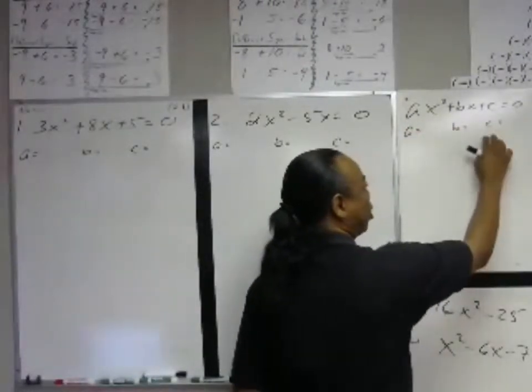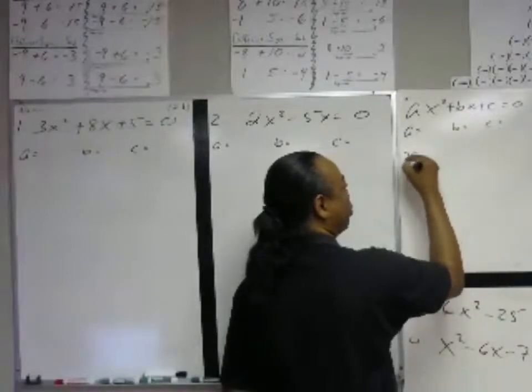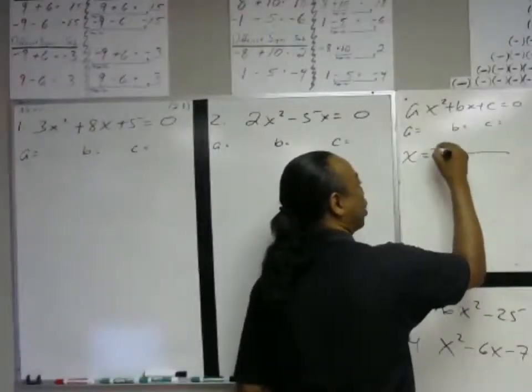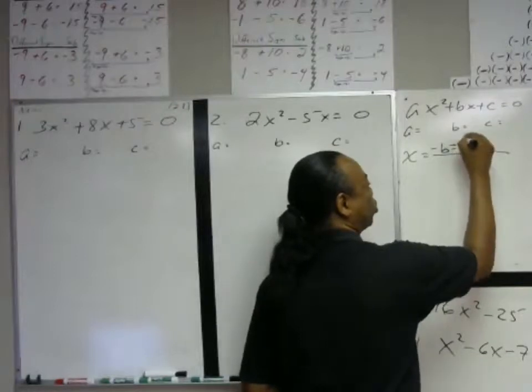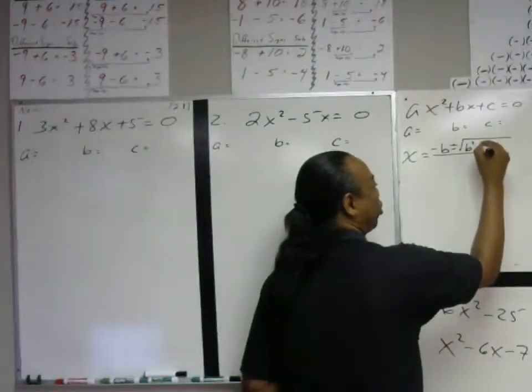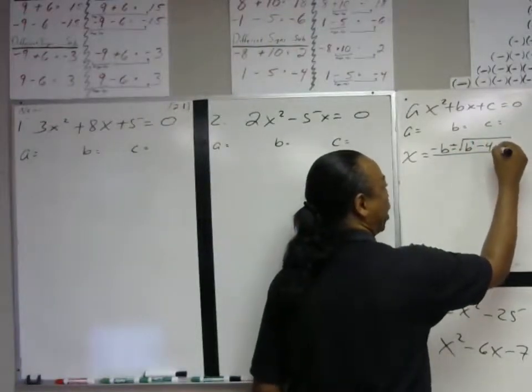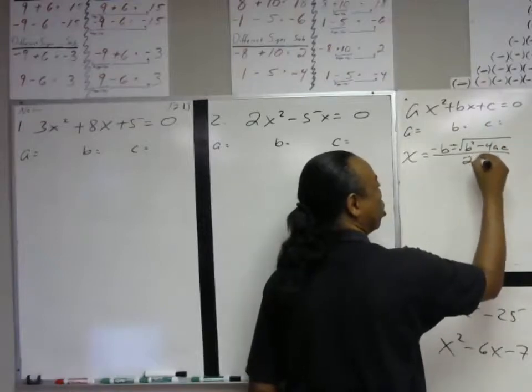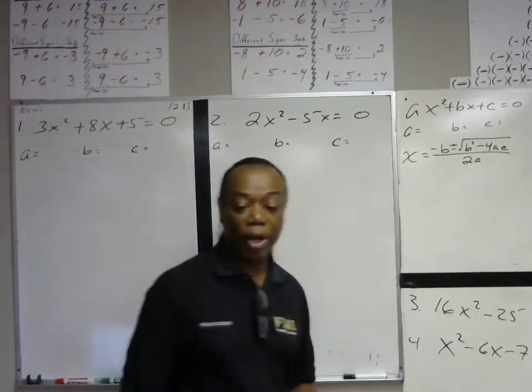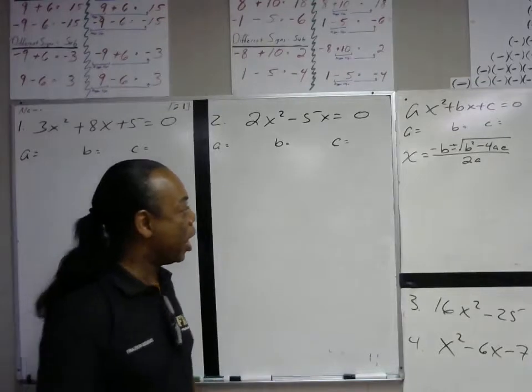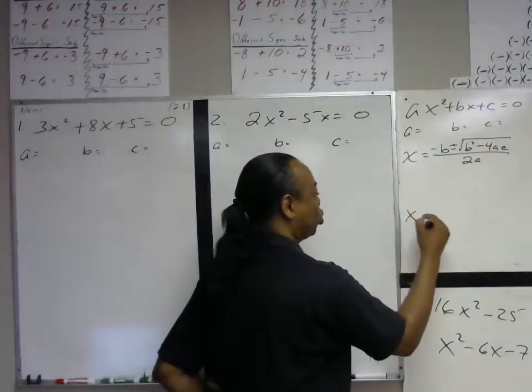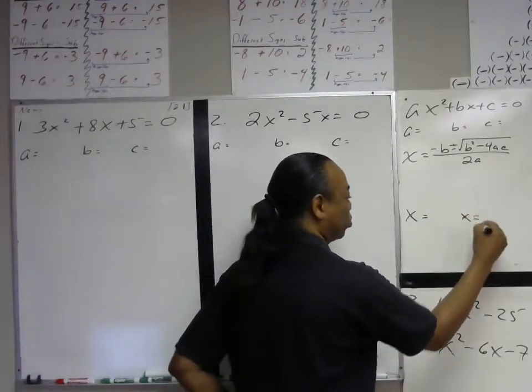Once we know what a, b, and c are, then we put them in this arrangement to find x. We take the opposite of b plus or minus the square root of b squared minus 4 times a times c, all divided by 2a. And when we're finished, this will give us two values for x.